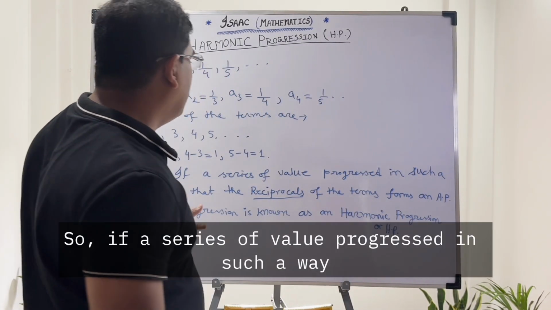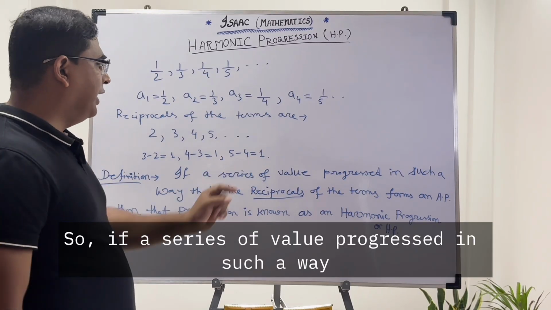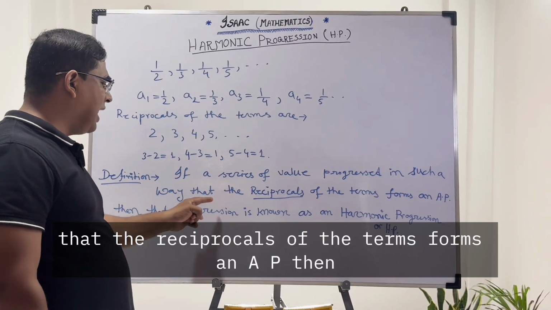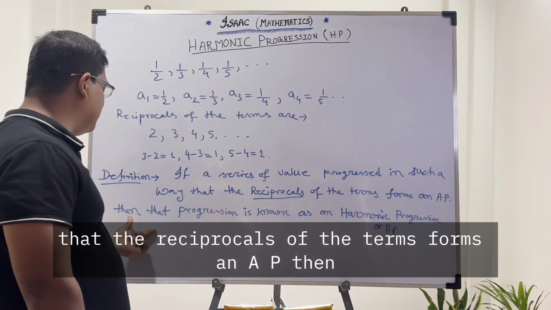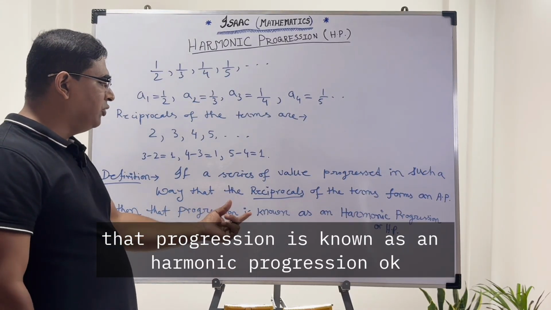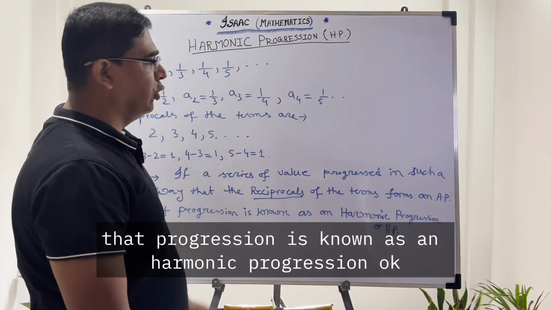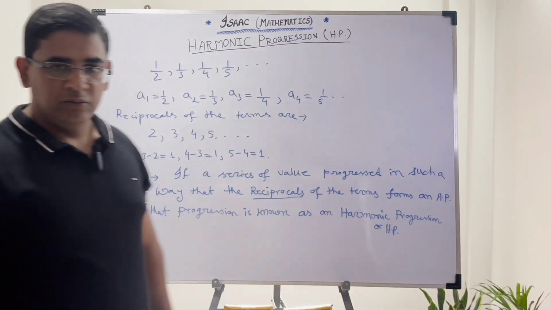Okay, so if a series of values progresses in such a way that the reciprocals of the terms form an AP, then that progression is known as a harmonic progression. Okay.